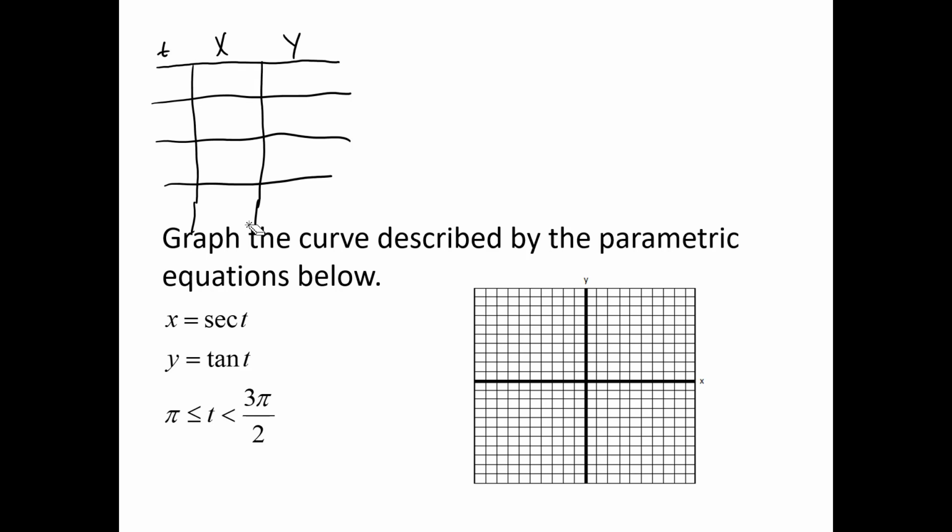Notice that we're not allowed to use 3 pi over 2. Tangent is the sine over the cosine, and with the cosine being zero, we have a vertical asymptote there, and so we're not allowed to use the 3 pi over 2.